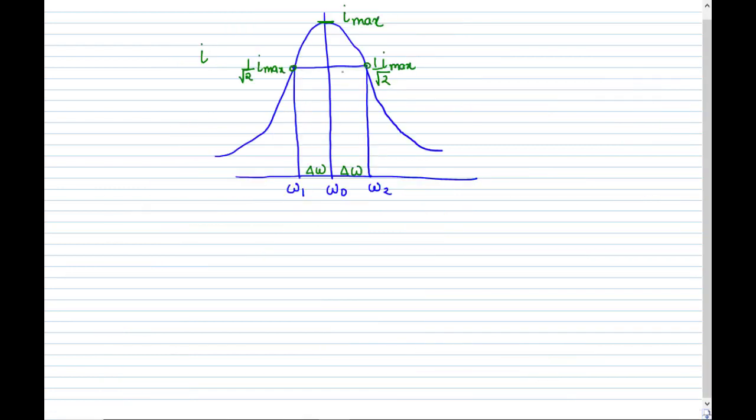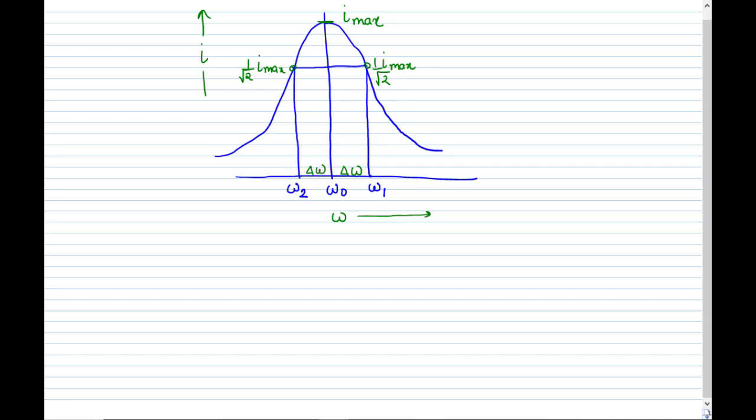If we zoom into this graph, then on the x-axis we have the frequency omega, and on the y-axis we have the current. At the particular resonance frequency omega naught, the current is maximum, I max. From here we can calculate 1 upon under root 2 times the maximum value.